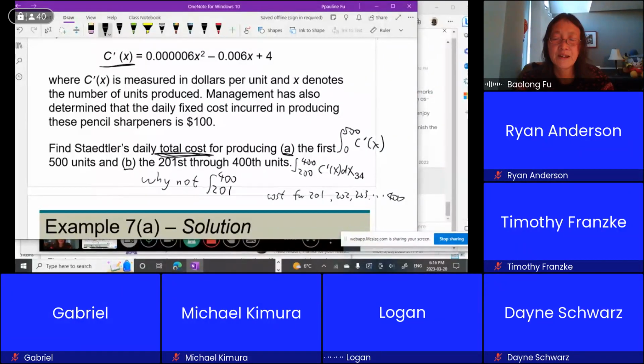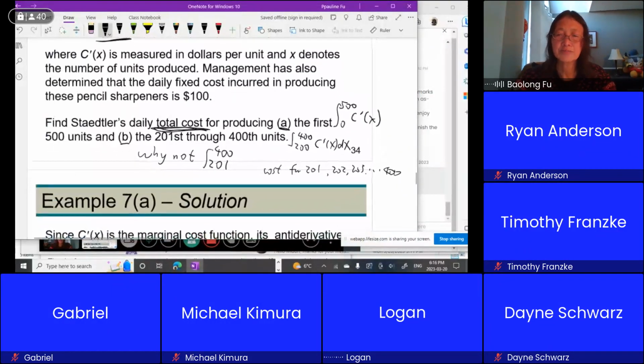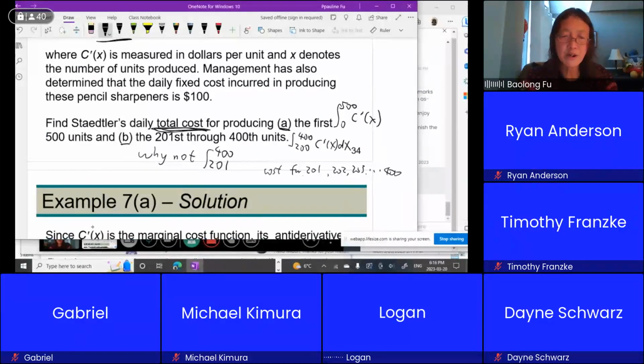What we want is the total cost up to 400 minus the cost up to 200. If you do this one, it represents the cost from 202 to 400. That is not what we want. We want 201 to 400.